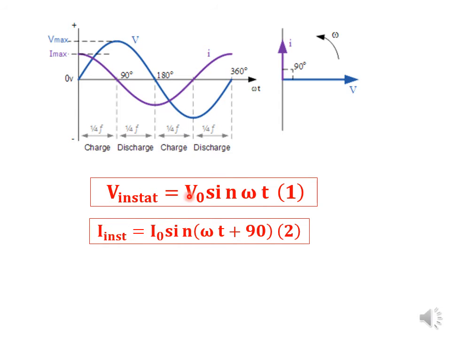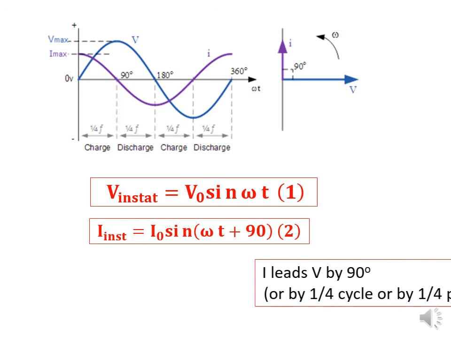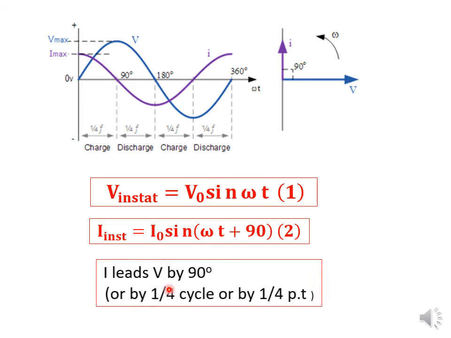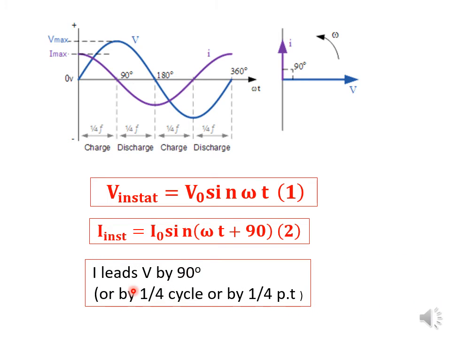Current leads voltage by 90 degrees. I leads V by 90 degrees or by 1/4 cycle or by 1/4 periodic time.